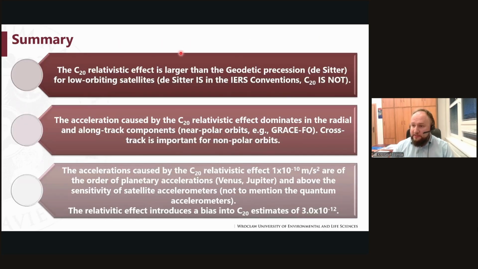So the relativistic C20 effect is larger than the geodetic precession that is included in the IERS conventions, but the C20 relativistic effect is not included. The accelerations are at the level of 10 to the minus 10 meters per second squared and cause systematic patterns at the level of 1 millimeter in terms of geoid height in the products based on GRACE Follow-On. Thank you for your attention.